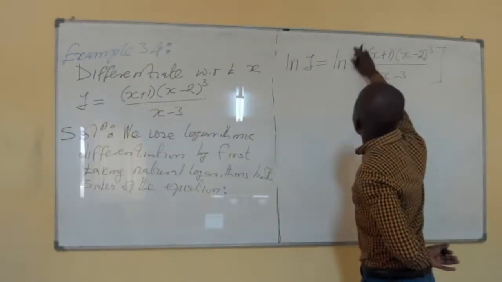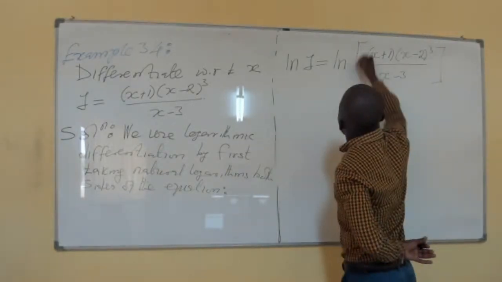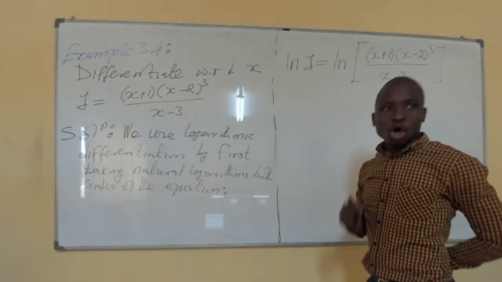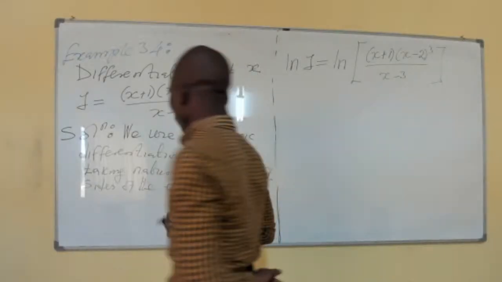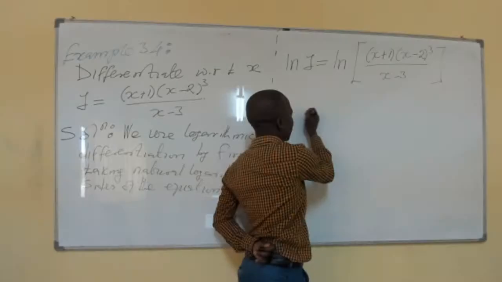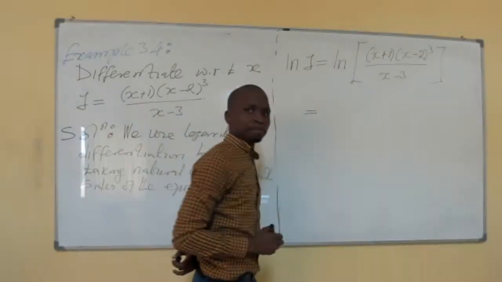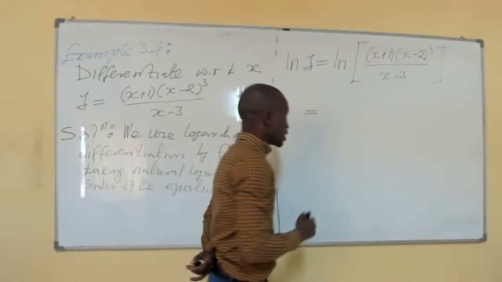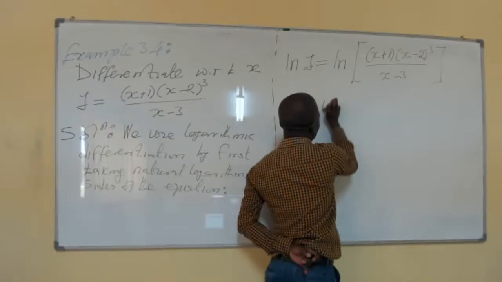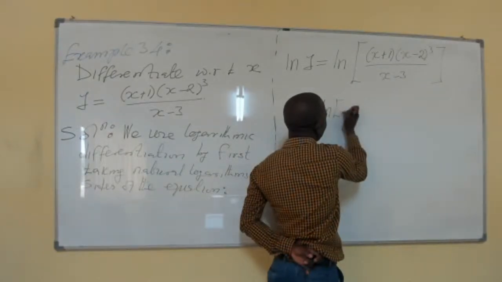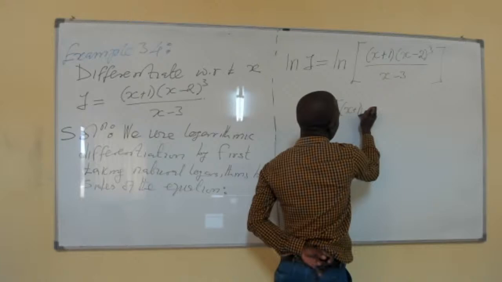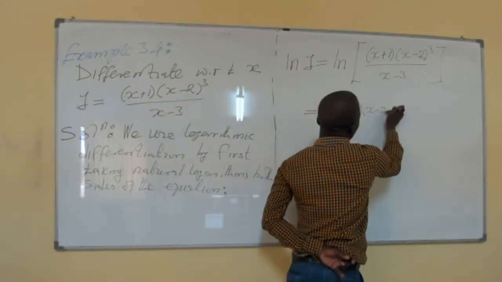Now, using the laws of logarithms, this is the same as ln of x plus 1, x minus 2 cubed.